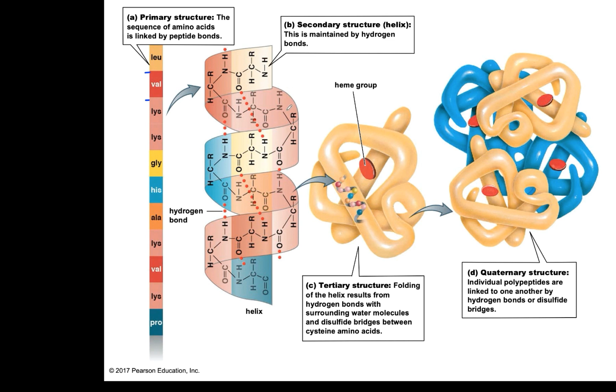This secondary structure is going to continue to supercoil by way of hydrogen bond between R groups that generate tertiary structure. Folding of a helix, alpha helix, results from hydrogen bond with the surrounding water molecules and disulfide bridge between cysteine amino acids.